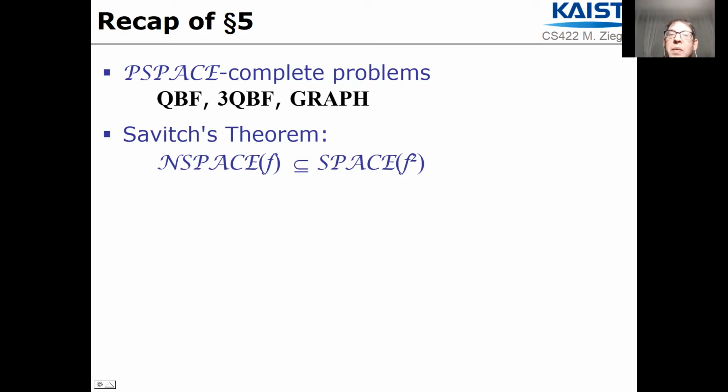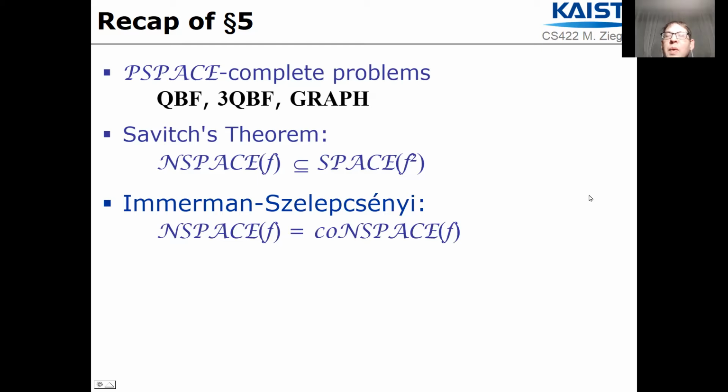We proved Savitch's theorem that non-deterministic space is up to polynomial as powerful as polynomial space, up to quadratic polynomial. So the memory counterpart to P versus NP is thus settled up to polynomial. And we proved the strengthening to NP versus co-NP, namely Immerman-Szelepcsenyi. Here the gap or the growth is not even polynomial, it's linear.